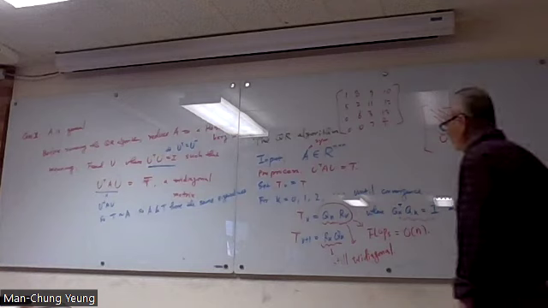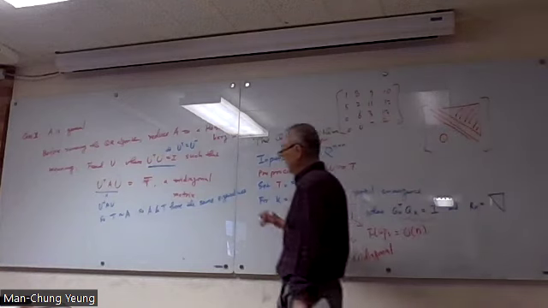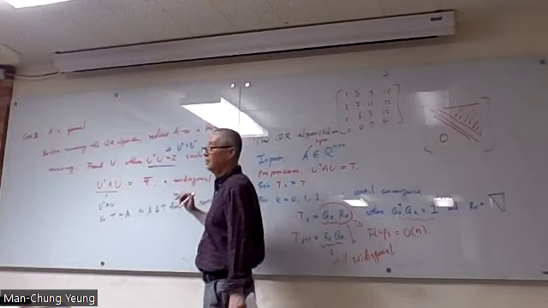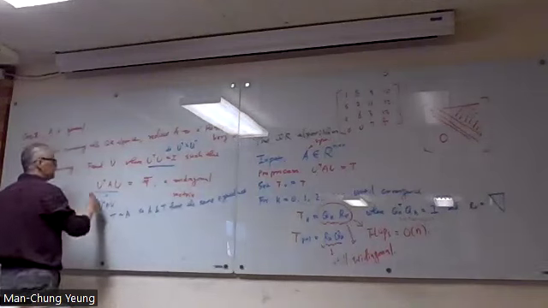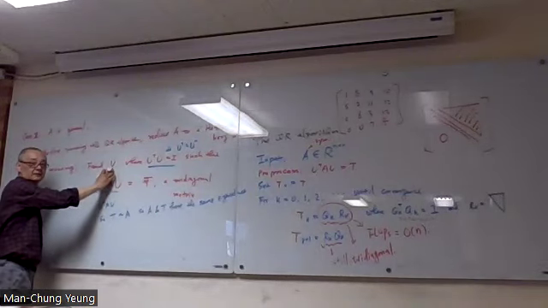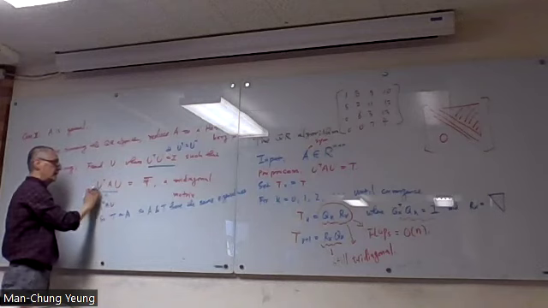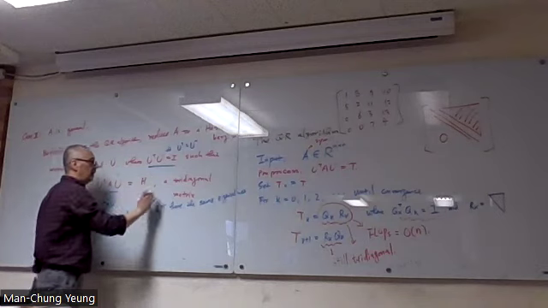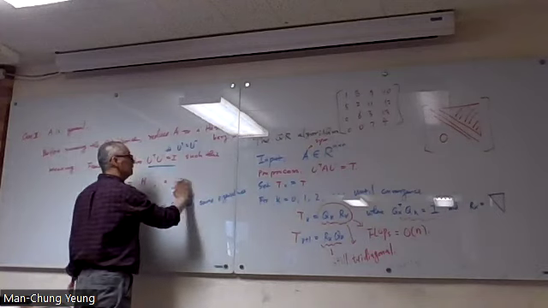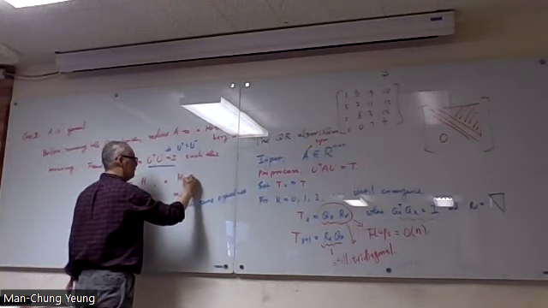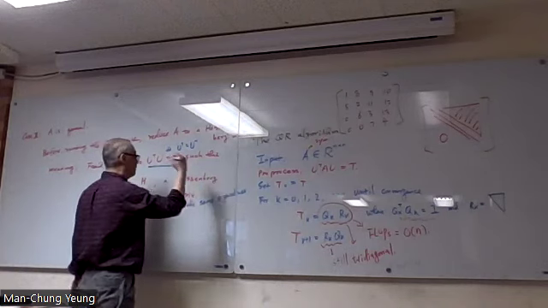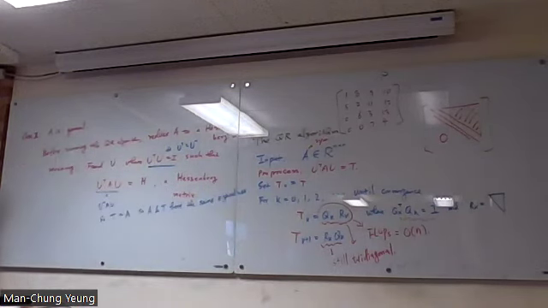So before we run the QR algorithm, reduce matrix A to a Hessenberg matrix. That means find an orthogonal matrix U such that U transpose A U is H, a Hessenberg matrix.